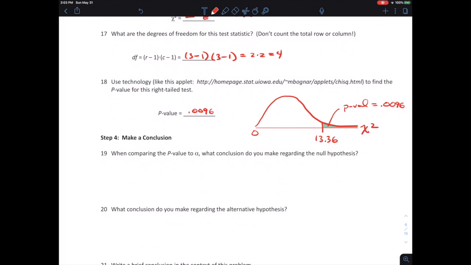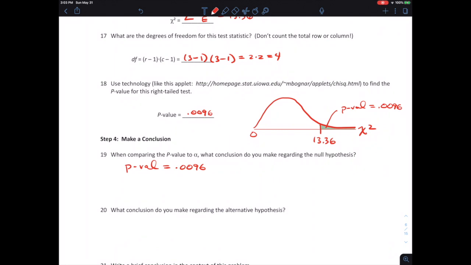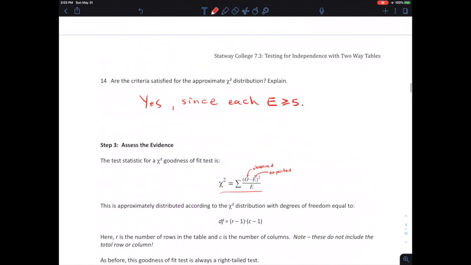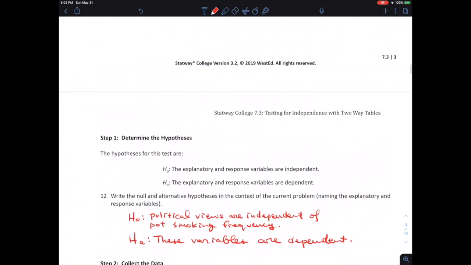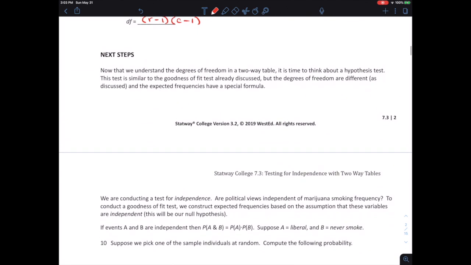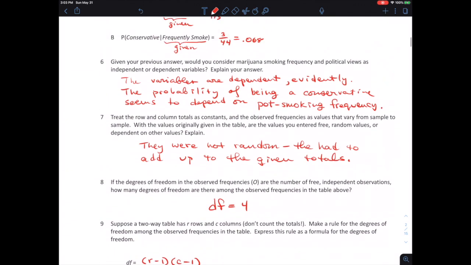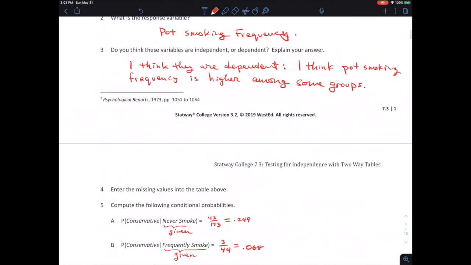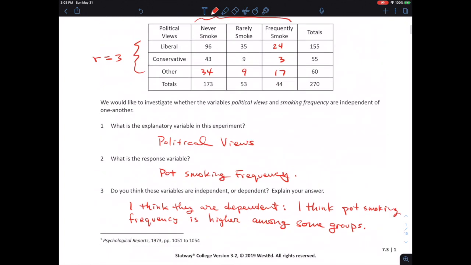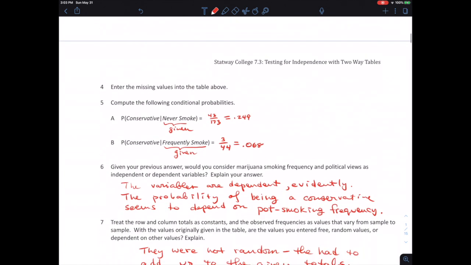Okay, and then if you compare the p-value to alpha, again, the p-value was 0.0096. That's less than any alpha we've ever used. So let's see if it's less than what we've got here. We've got to find it. Okay, missed it apparently. So I'm going to scan through again one more time.